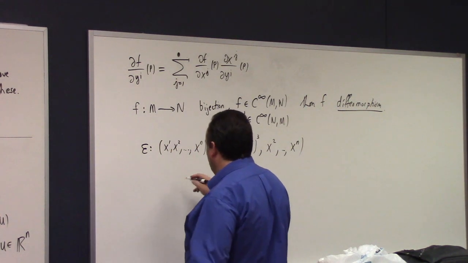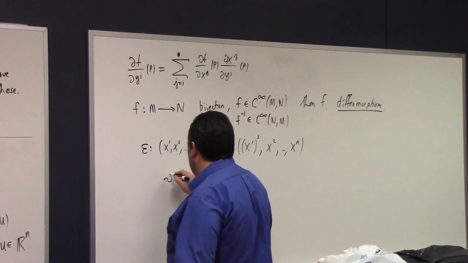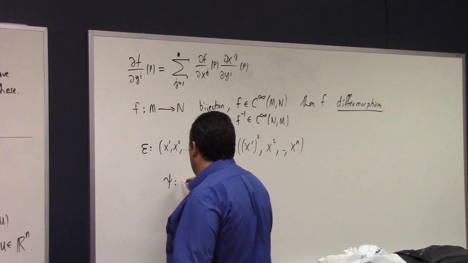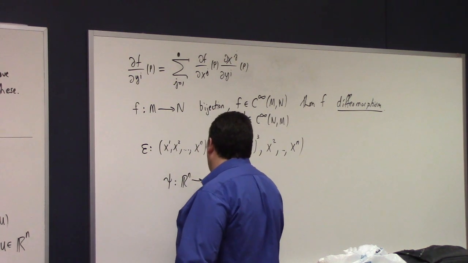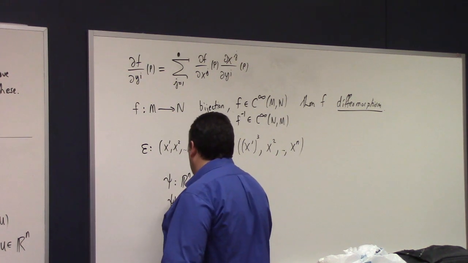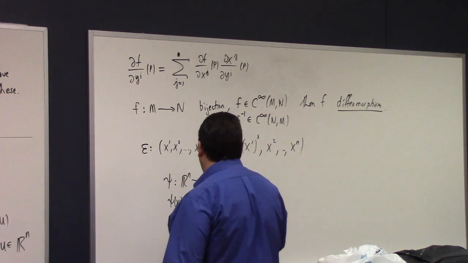On the one hand, we can have psi from R^n to R^n, where psi of x equals x.